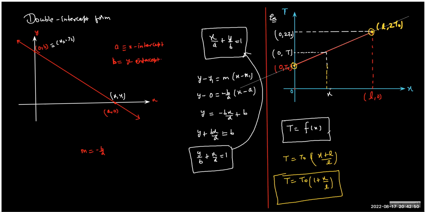The formula is y minus y1 equals y2 minus y1 upon x2 minus x1, times x minus x1. Just remember this. You can name any one as x1, y1, x2, y2. It really doesn't matter which one you name. I can choose this as x1, y1.